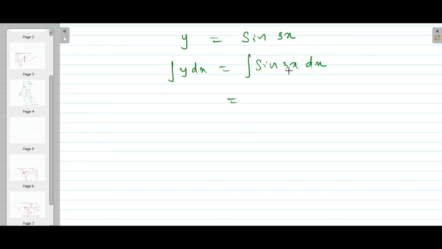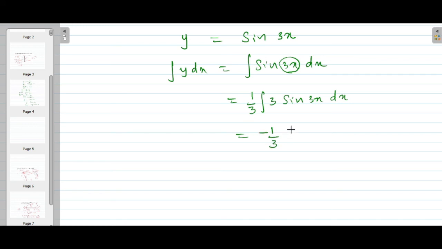But as we saw, the reverse chain rule says that when you want to integrate a complex combination like this, you should have the differentiated value of the 3x. But it is not there here. So what we can do, we can divide and multiply by the value which we want. So this will become 1 by 3 times 3 sin 3x dx.